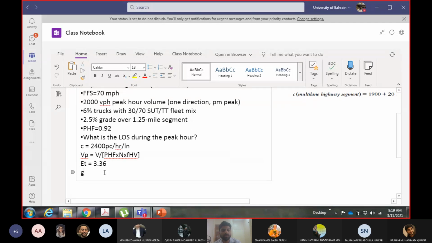Okay, so FHV was 1 divided by 1 plus PT into E minus 1. Go ahead, give me the value of FHV.